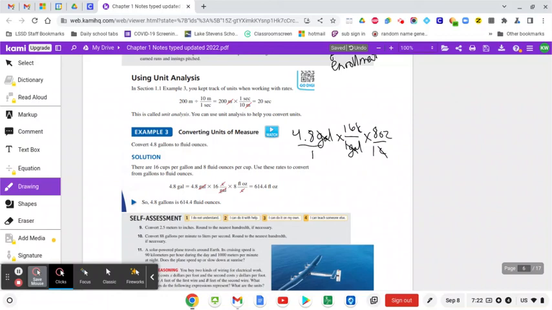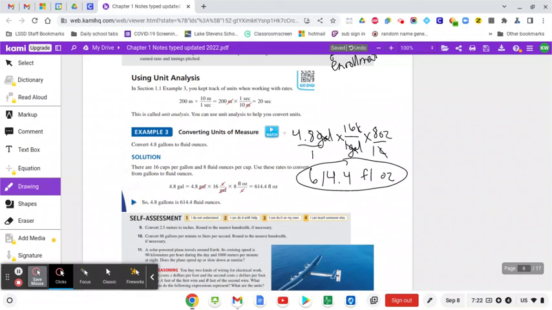So all I need to do is multiply the 4.8 times the 16 times 8. So 4.8 times 16 times 8 will give me 614.4 fluid ounces.